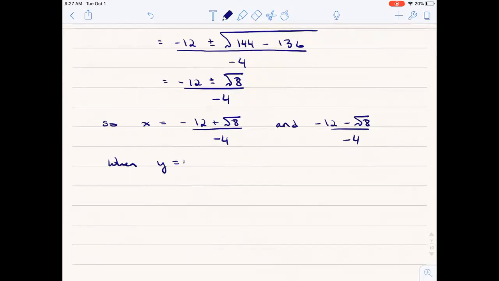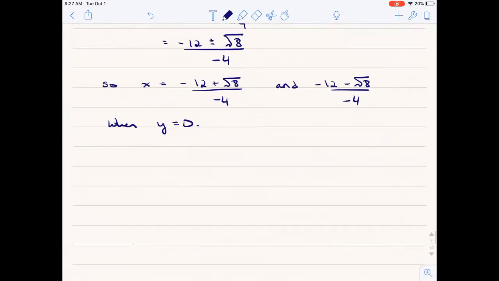When y equals 0, therefore, the parabola crosses the x-axis, oh sorry, y is 0, not x, at negative 12 plus the square root of 8.